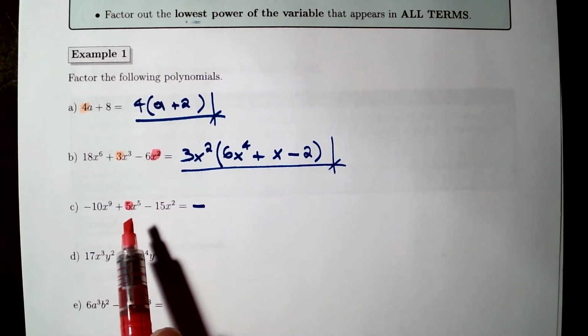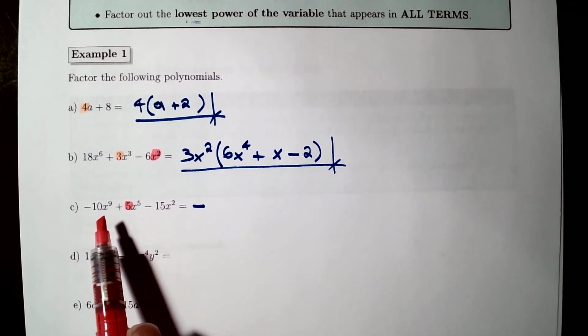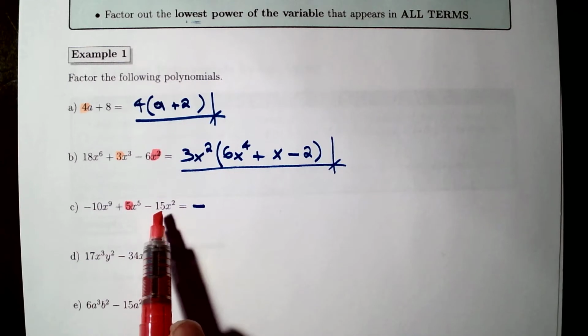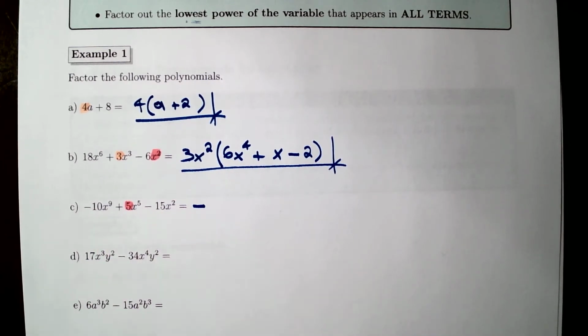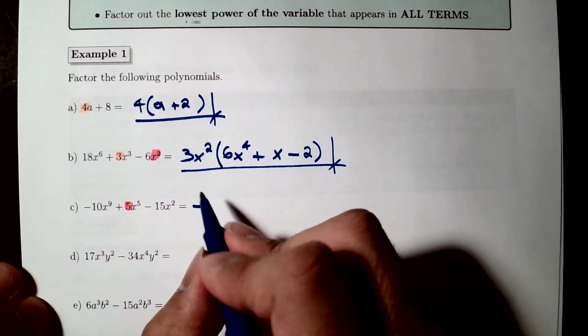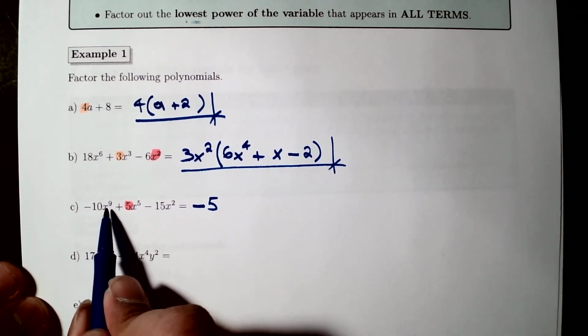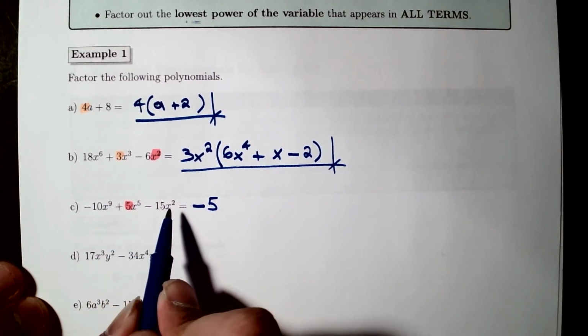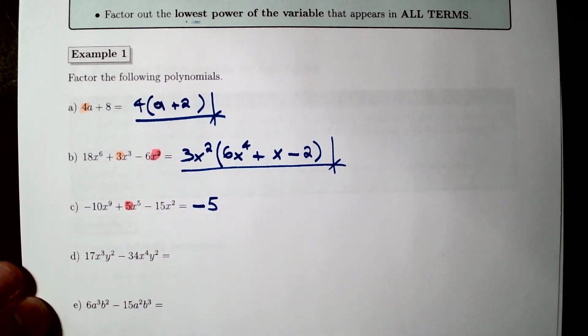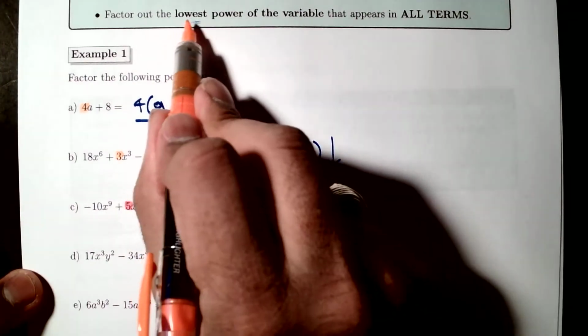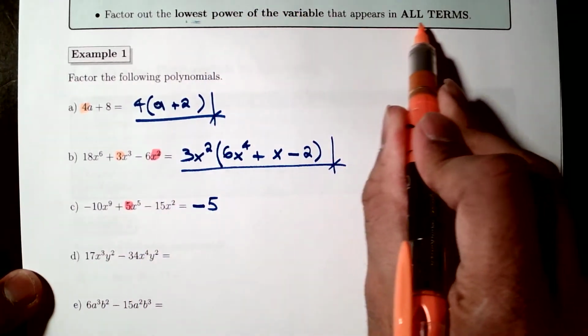Now let's ask ourselves, are the numbers 10 and 15 multiples of 5? The correct answer is yes. Now let's observe the powers. We have x to the power 9, x to the power 5, and x to the second power.